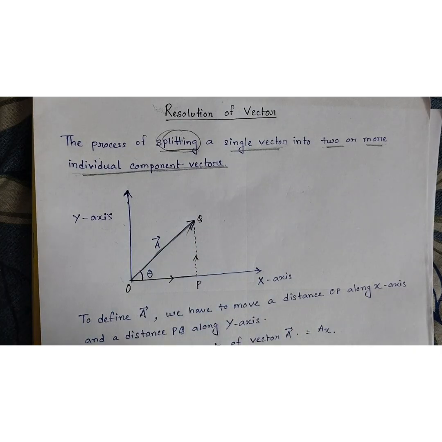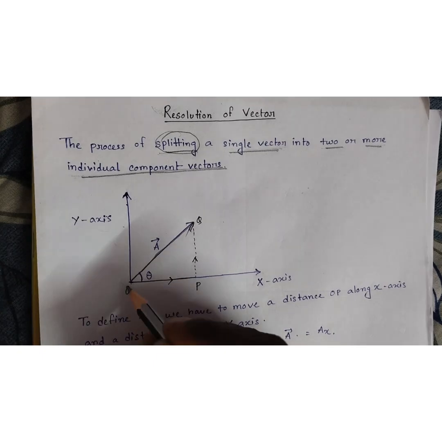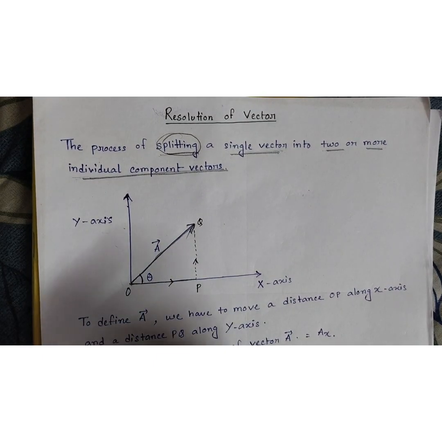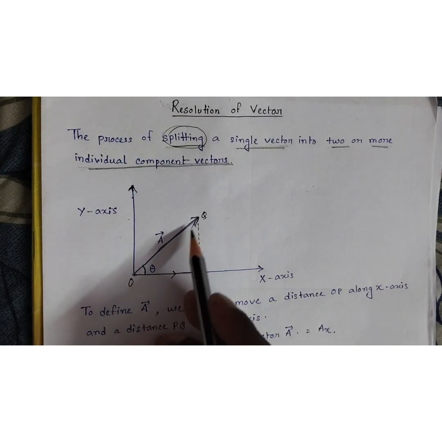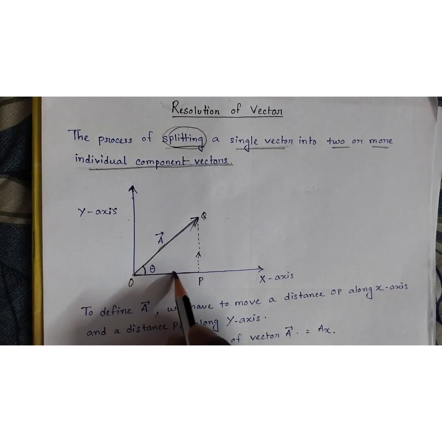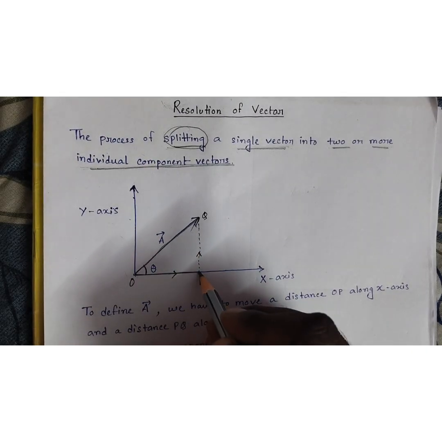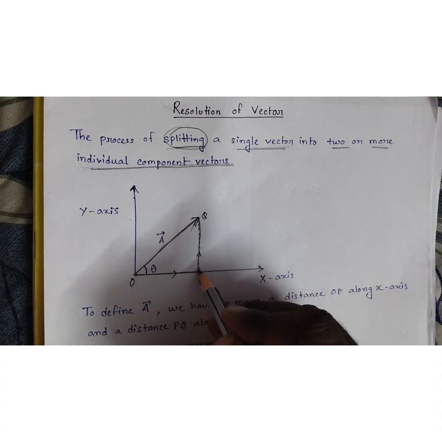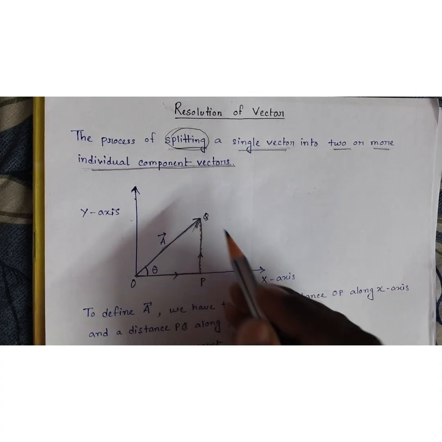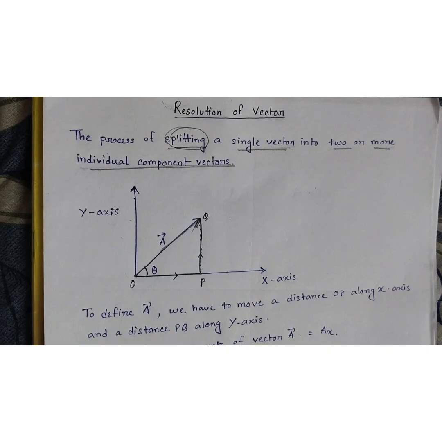We are going to define a vector A here. In the same way we will define an origin. Now, to define this vector A, first we will move along the x-axis and then we will move along the y-axis. In this way we are going to define a vector.